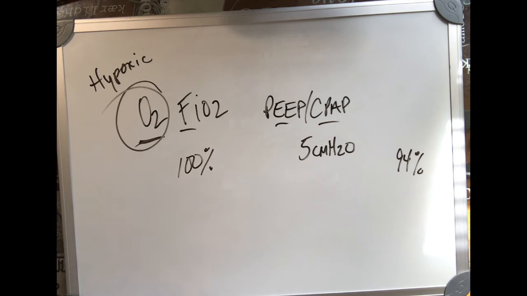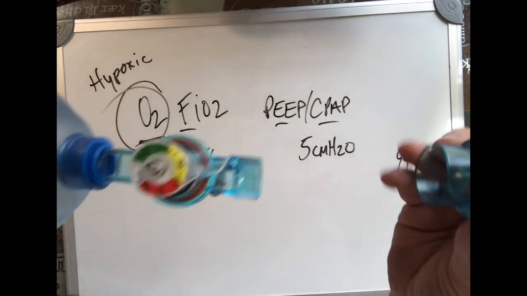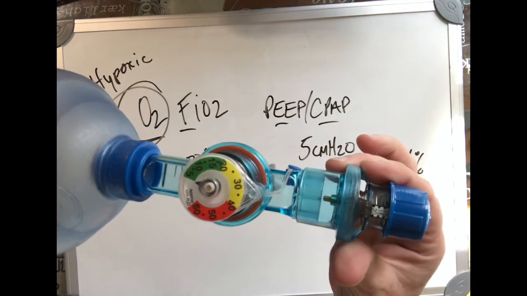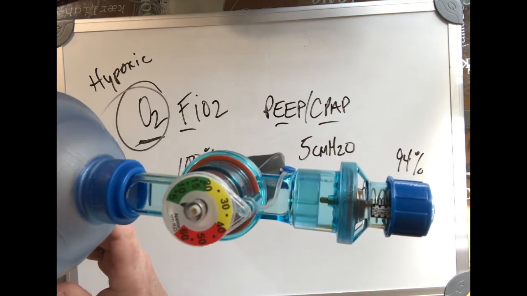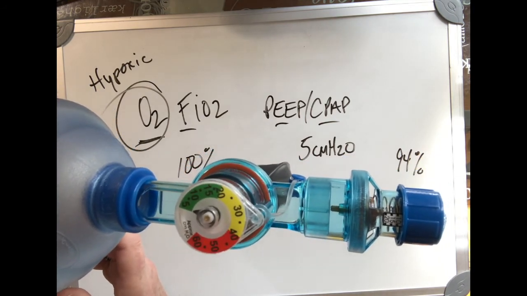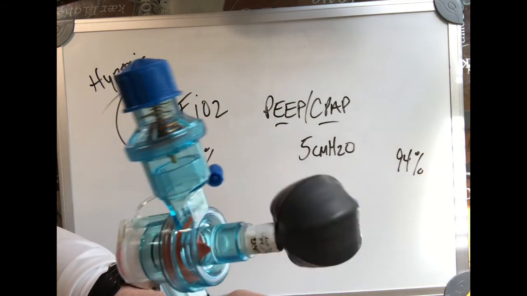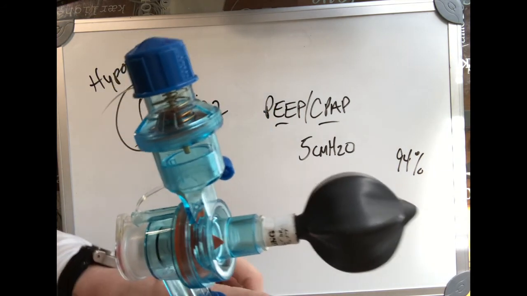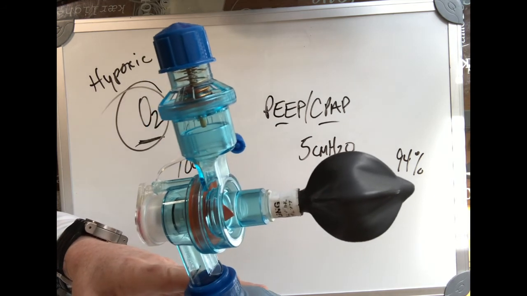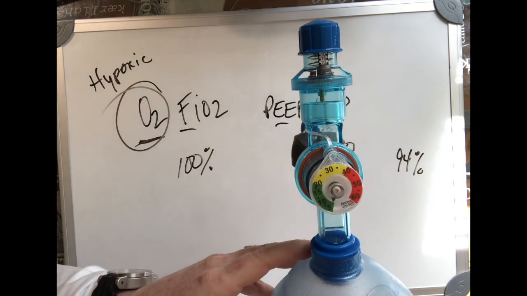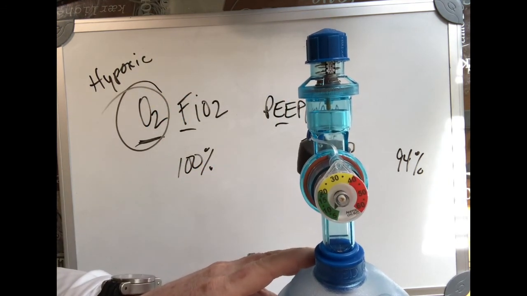If I want to add PEEP, basically all I do is plug the PEEP valve at 5 centimeters into the exhaust valve on the BVM, and we're going to turn it, and you're going to see immediate recruitment. There it is. I don't have to recruit every single time that I bag. And what you're looking at here is you'll see 20, and you'll see 5.